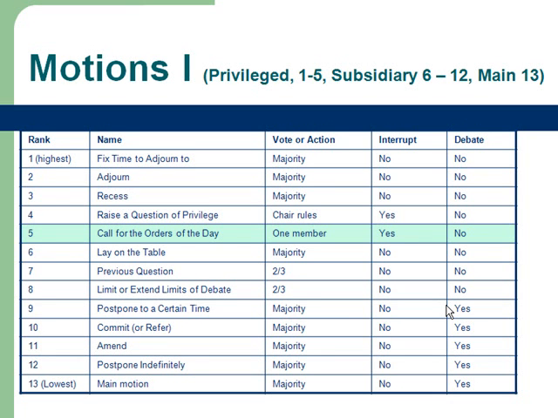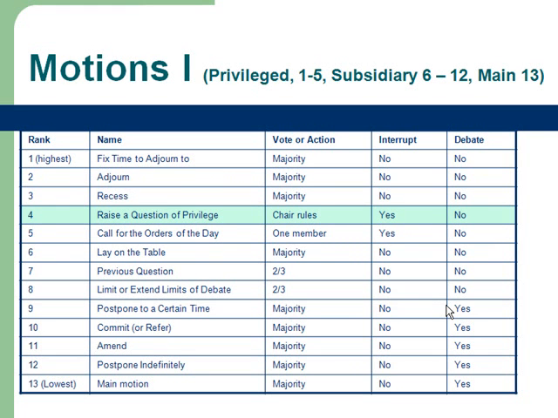The next one up is raise a question of privilege. And that one is when an individual is unable to participate for some reason in the discussion and voting that he is entitled to as a member. He can stand and raise a question of privilege.